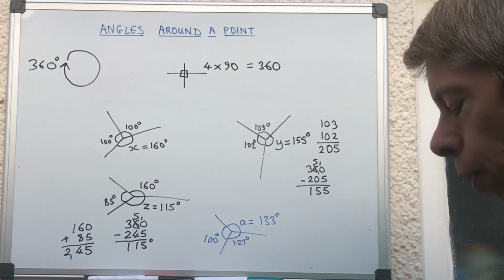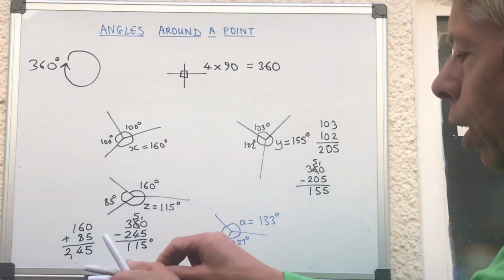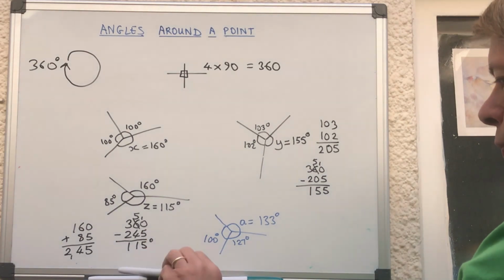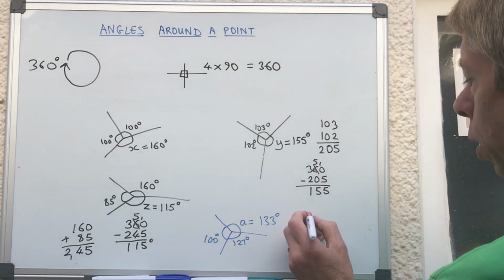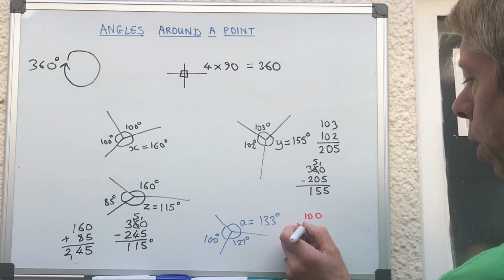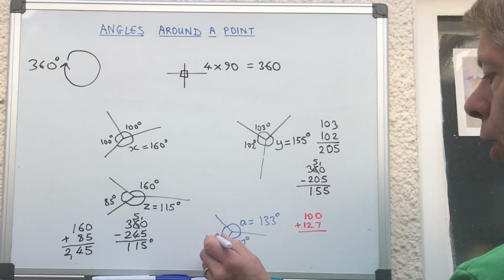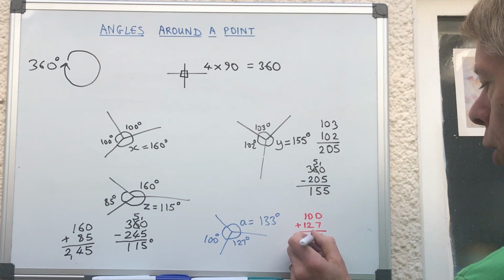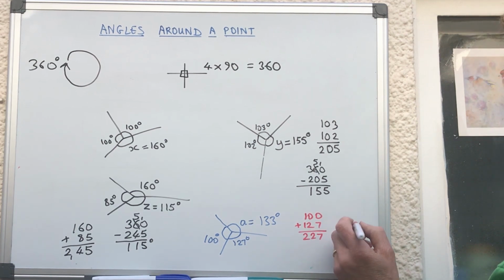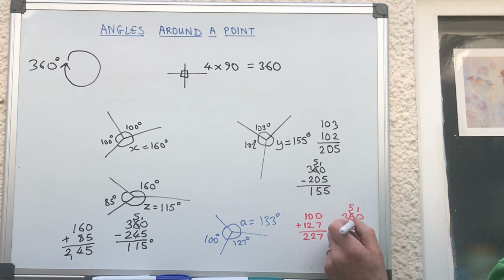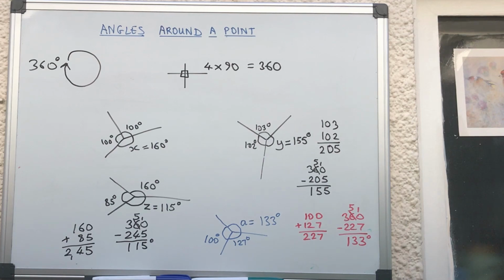If we're worried that it's on a video and we might be doing it wrong for millions of people to get taught wrongly, then we could just do this. 100 plus 127 will give us 7 here, 2 here, and 2 here. So 227, and then we can do 360 take away 227, cross that out, make that a 5, put a 1 there. 10 take away 7 is 3, 5 take away 2 is 3, 3 take away 2 is 1, so we've got 133 degrees. So we've got the same answer by a different method, which is always good.